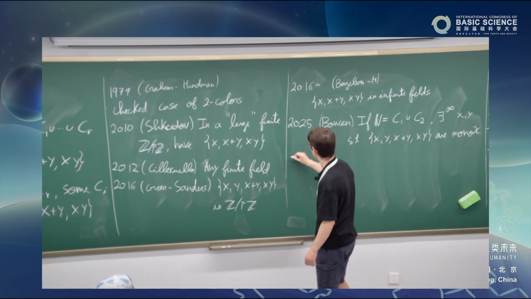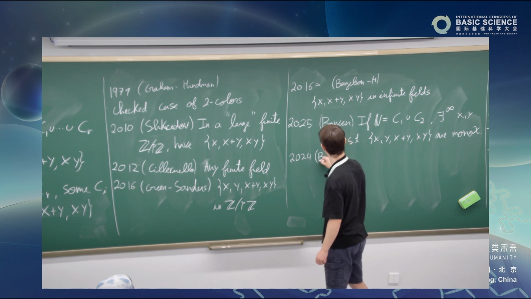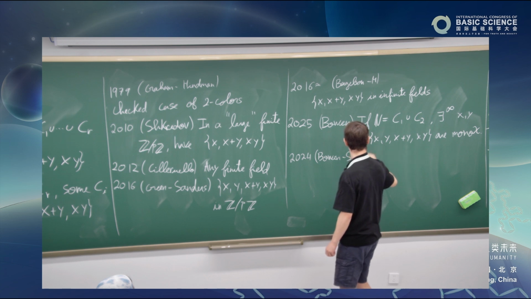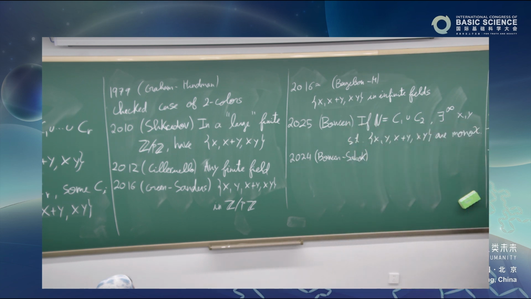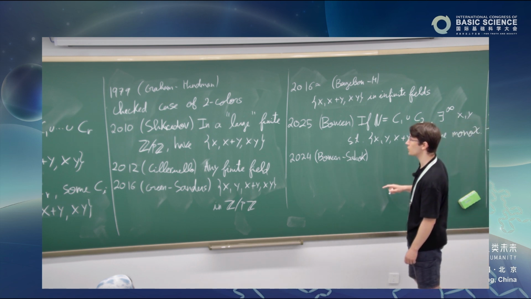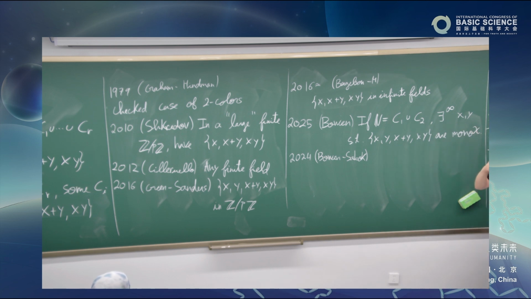And then later, a paper that was published in 2024, so Bowen and Sabok, I should say Bowen was a PhD student, Sabok was his advisor, and together they were able to show the full conjecture in infinite fields.